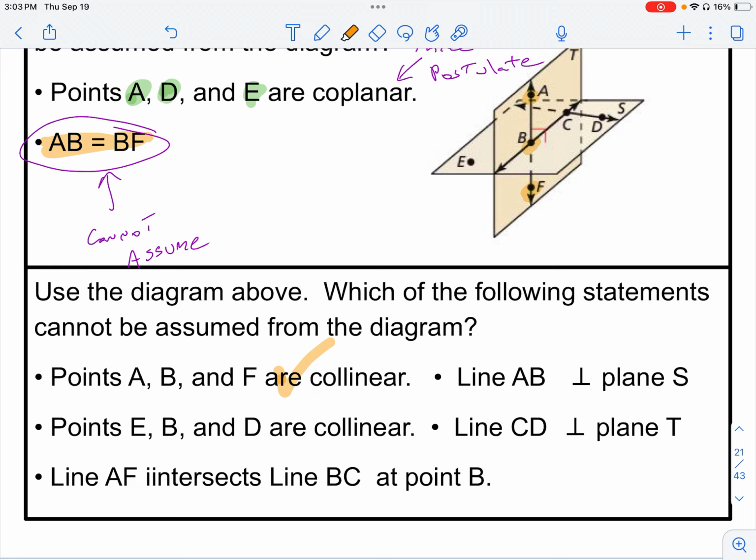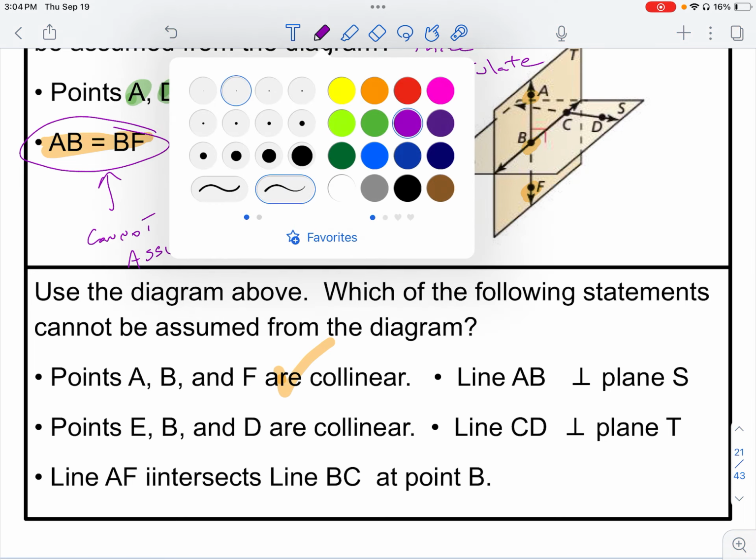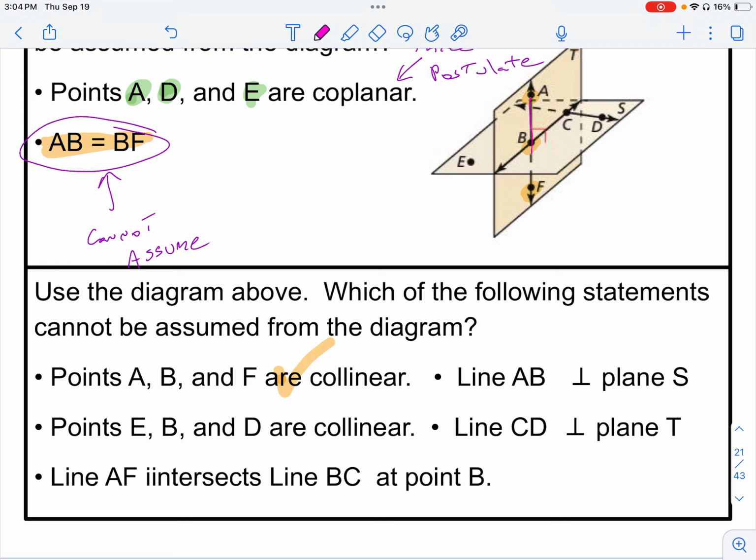Line AB. Actually, let's do that one in red or pink. Line AB right here is perpendicular to plane S. Well, here we got a box to plane S, so we know that one's true.